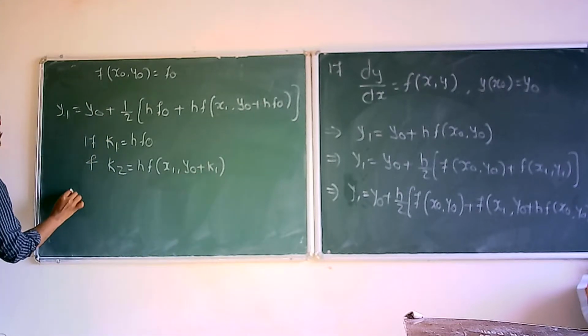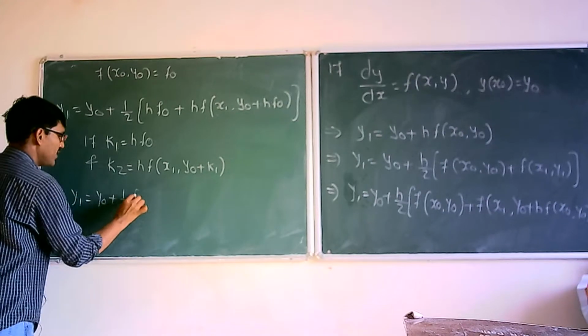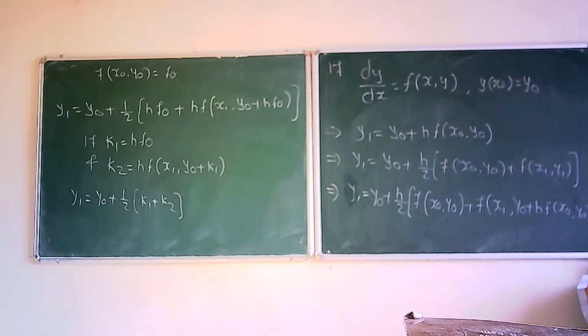then what is the value of y1? y1 is equal to y0 plus 1 by 2 times k1 plus k2.